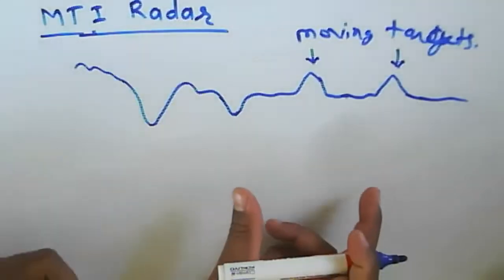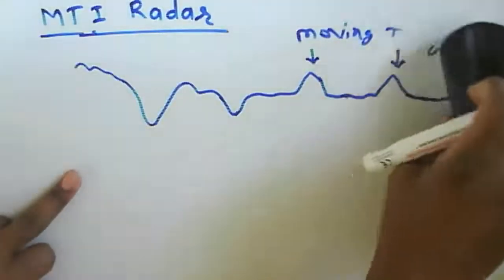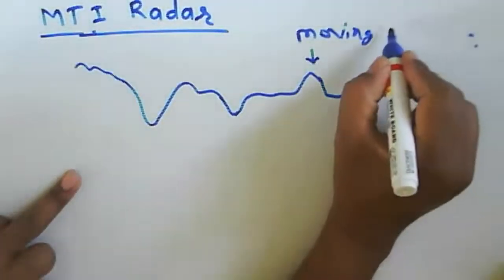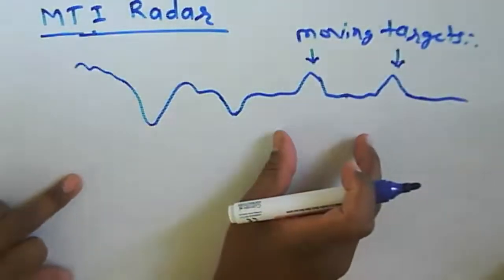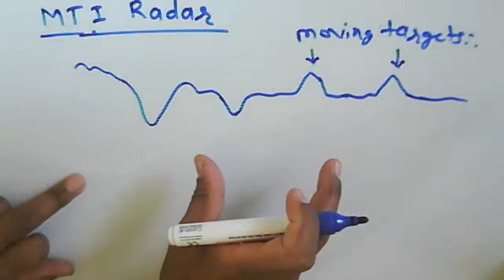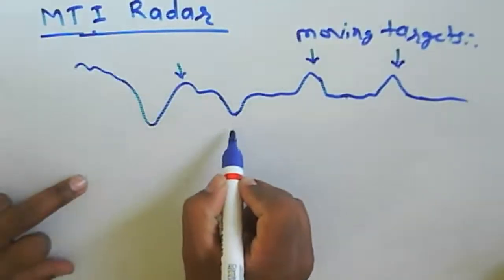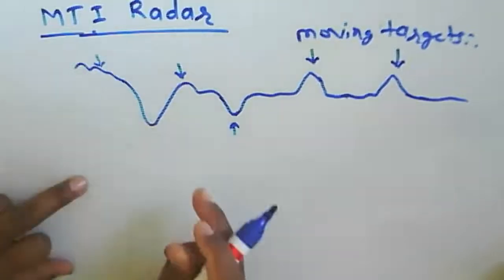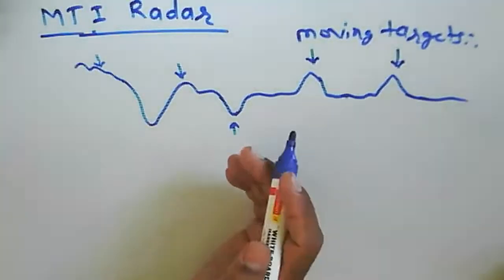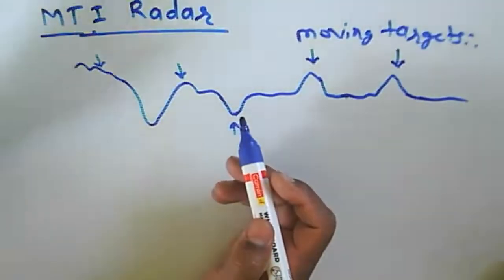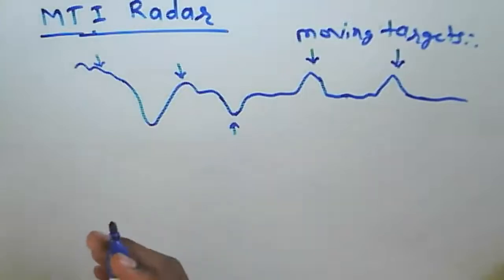Generally your display devices will display this type of waveform, but actually these peaks are nothing but your target. Now we need to detect whether these peaks are a signal we are getting from the clutter, or there may be some stationary target, and from that stationary target we are getting some signal.